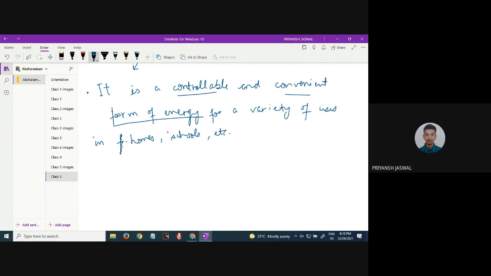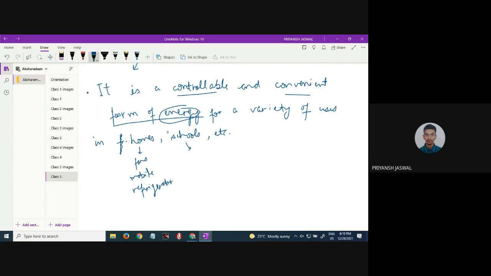So this is such a form of energy which is controllable and convenient, and we use it for a variety of purposes. Like in homes, you have fans, like any electric device, your mobile phone, you charge it using electricity, or say a refrigerator, that also works on electricity. Many devices are there.